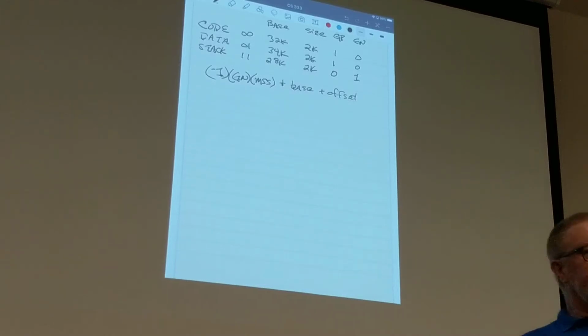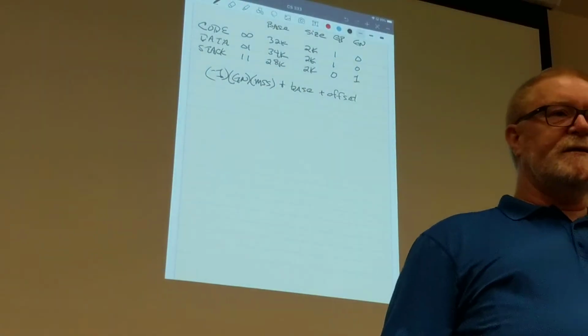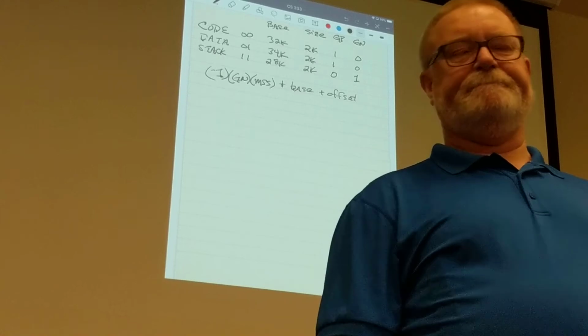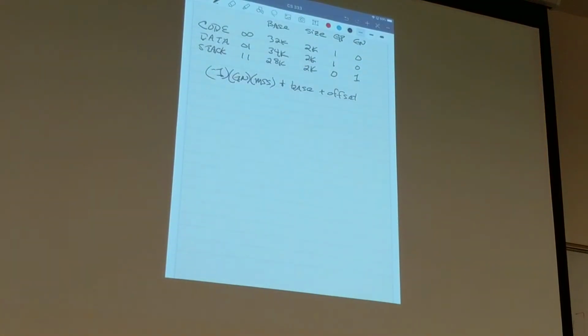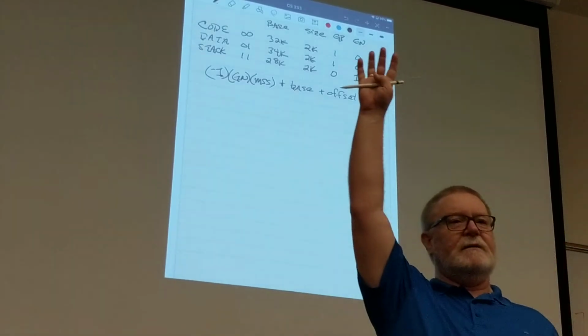Okay. And this is where we have to think about what it means to be an offset. Offsets, signed or unsigned? I heard signed. How many people say signed? How many people say unsigned?